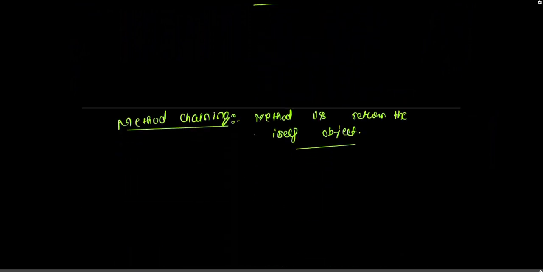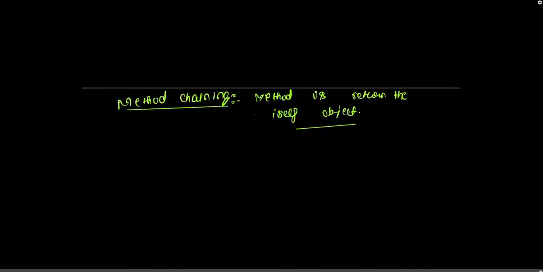Now in method chaining, the method returns the itself object. Like let's say we are setting the method set name, right? Set name of string s. Basically the exact way is this dot name equal to s, right?